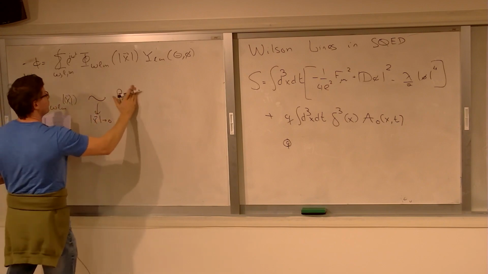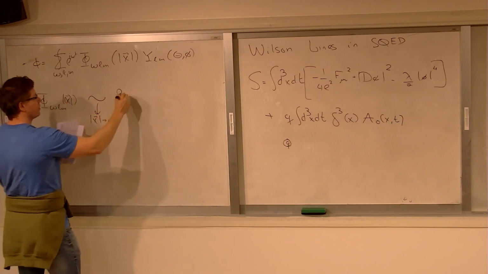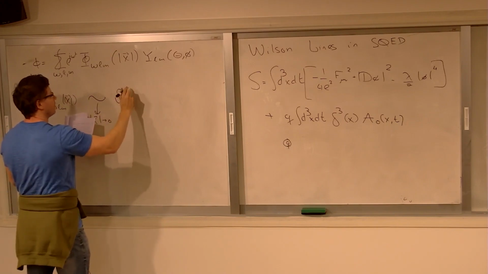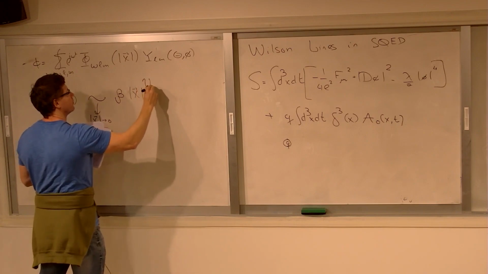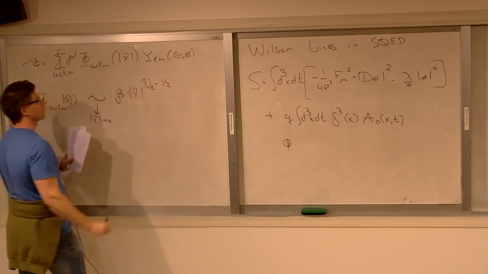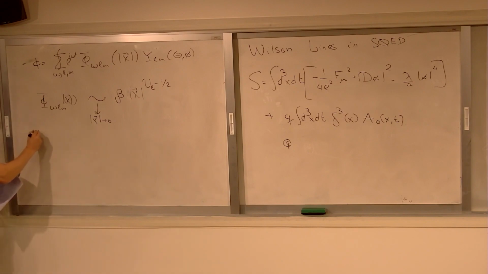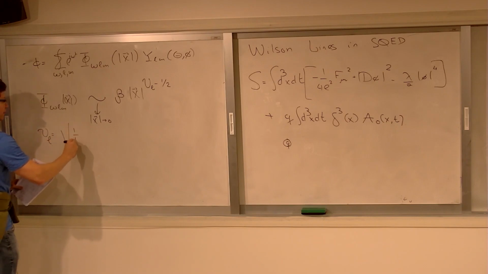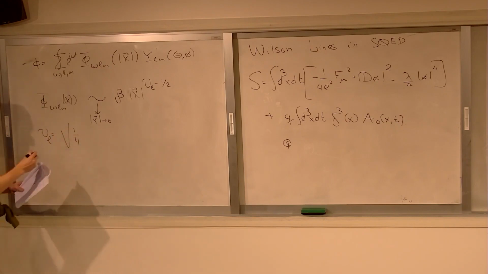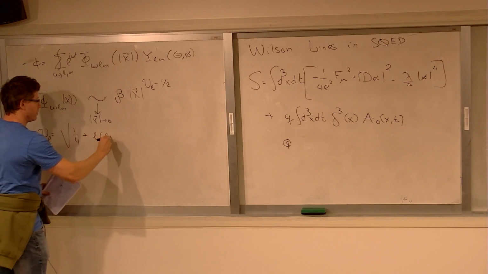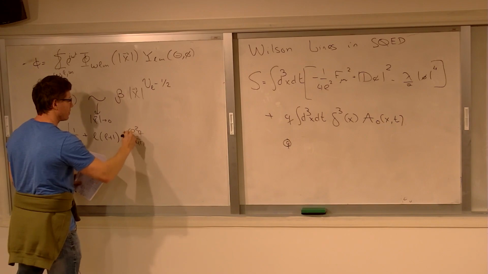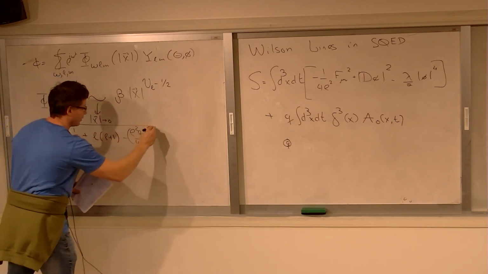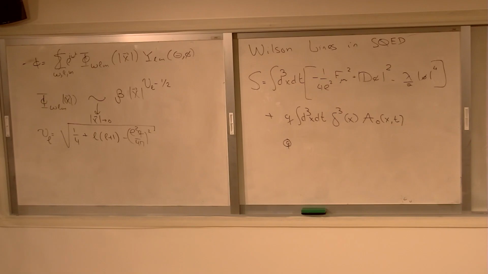So when you go to short distances, this goes like some coefficient times r times the absolute value of x to the power nu with L minus a half. I'm going to now write a formula for what this nu is. It's a formula that looks similar to formulas in AdS/CFT. There is a square root, and then there is this contribution from here. You can just verify it by studying the differential equation around this nucleus.